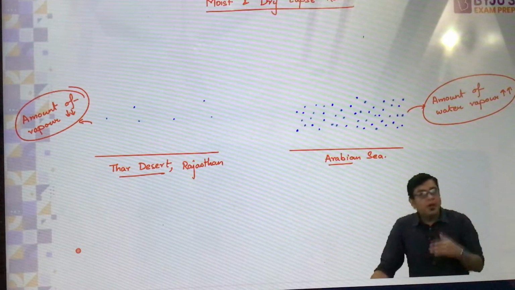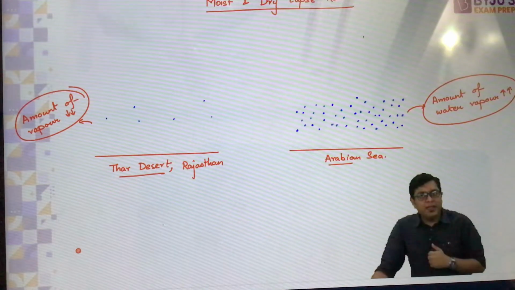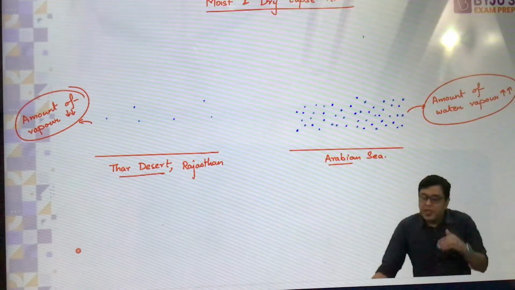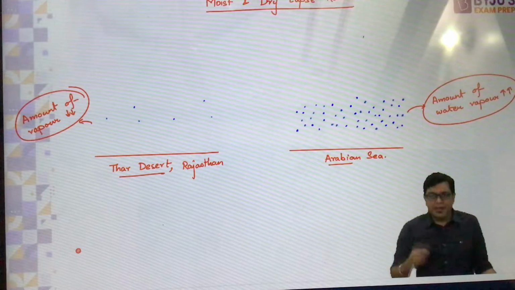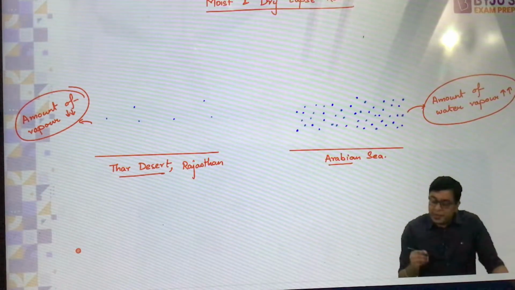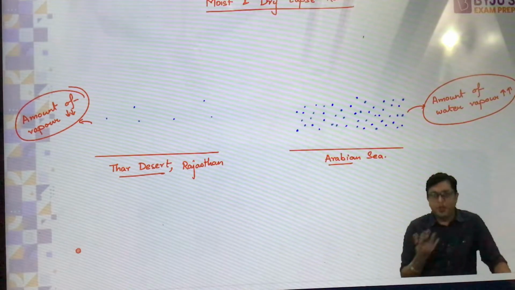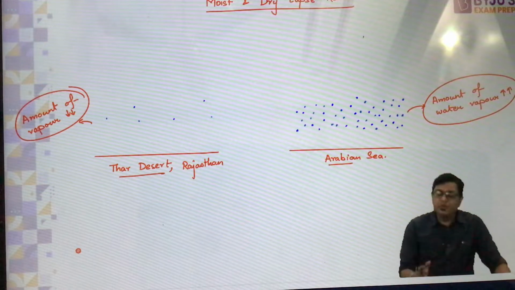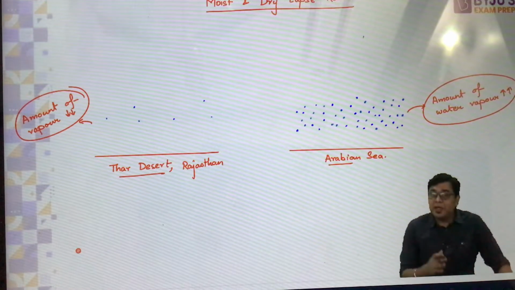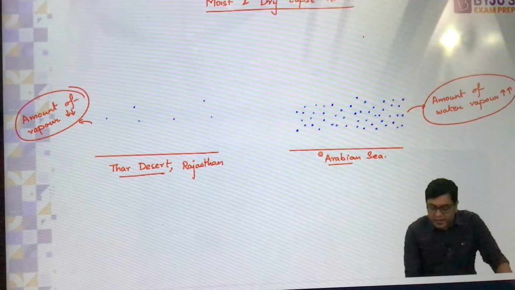Now, about the property of water vapor to retain heat: water vapor will always end up retaining heat. Suppose the air gets heated up. Out of these two places, where will there be a greater retention of heat? Always in the case of the Arabian Sea, right?